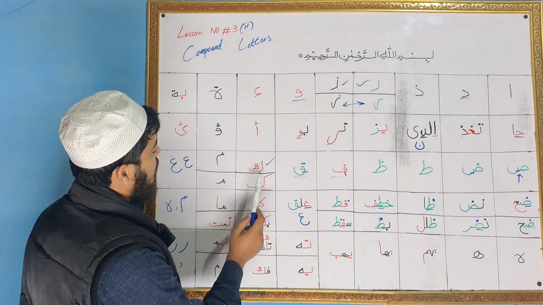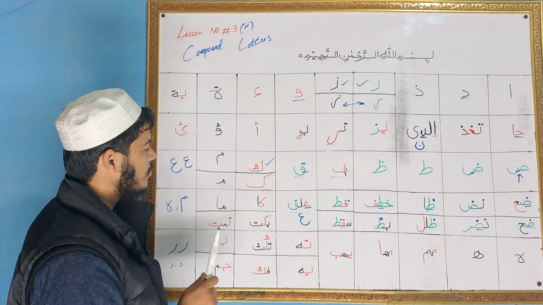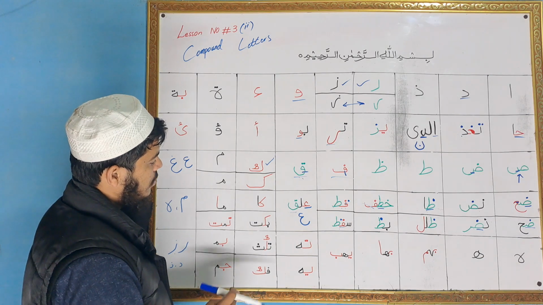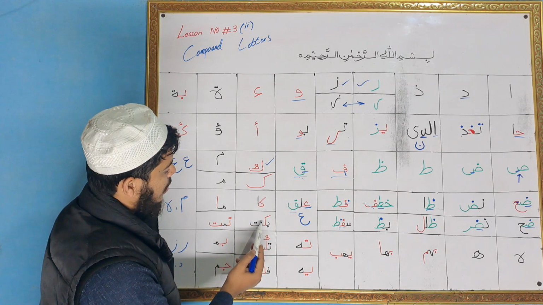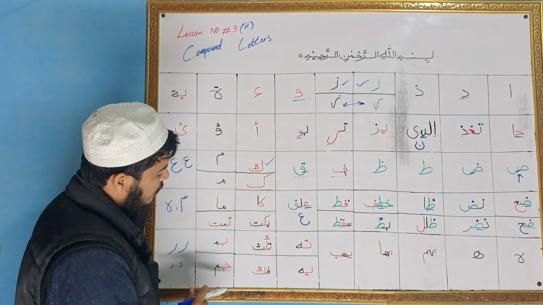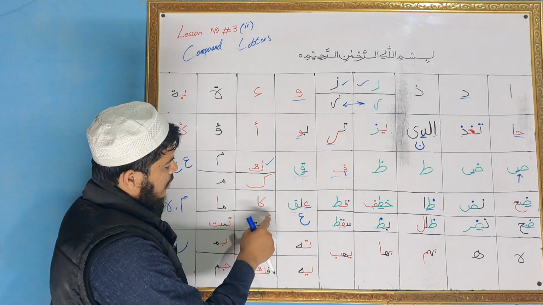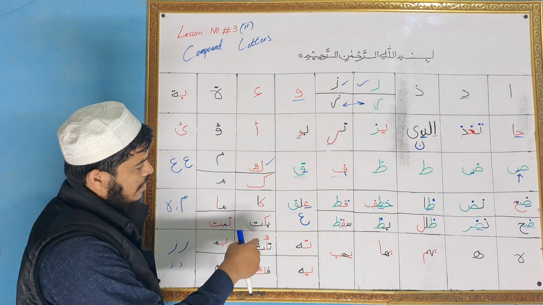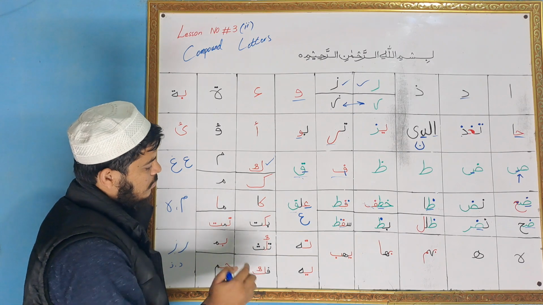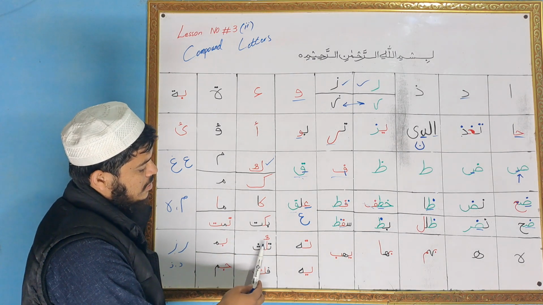So this is Kaf, this is Kaf as well. Kaf has two shapes. You can see like this one, Kaf, Alif, Ba, Kaf, Ta. If I simply remove this line and put a kind of S sign on it, it will still be considered as Kaf.